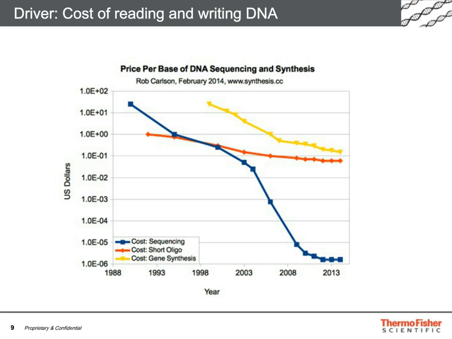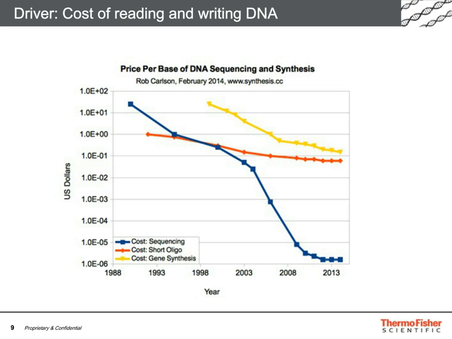So that's becoming very commonplace, which is leading to the generation of massive volumes of sequence data that we can then use to model particular diseases and make hypotheses from.